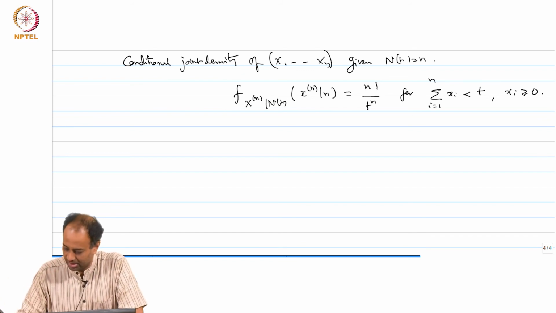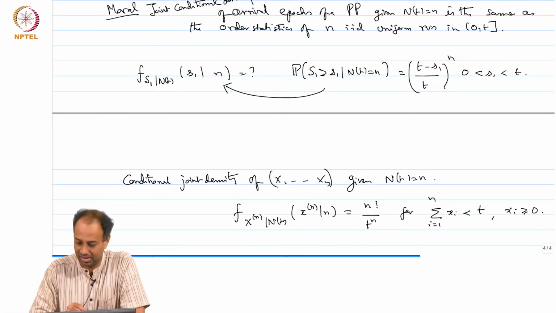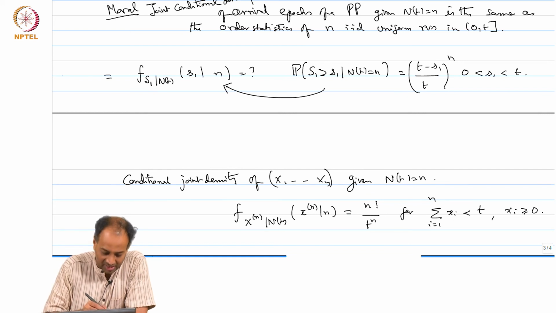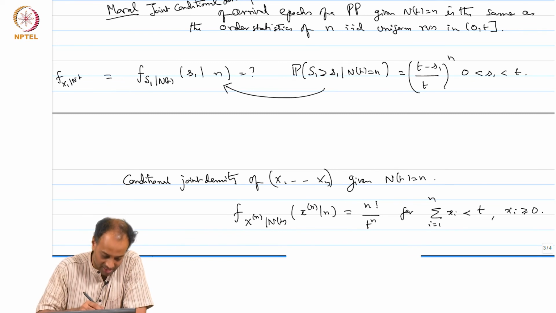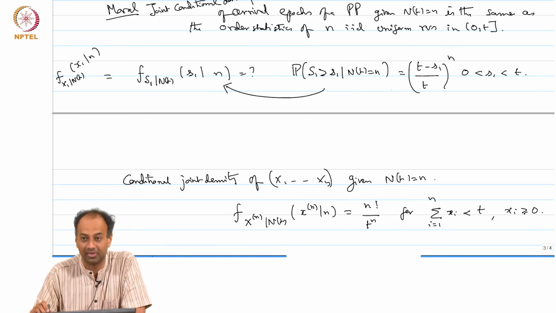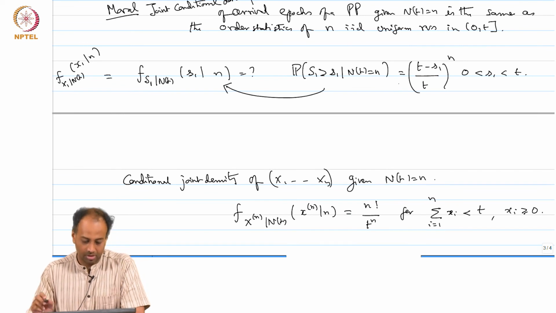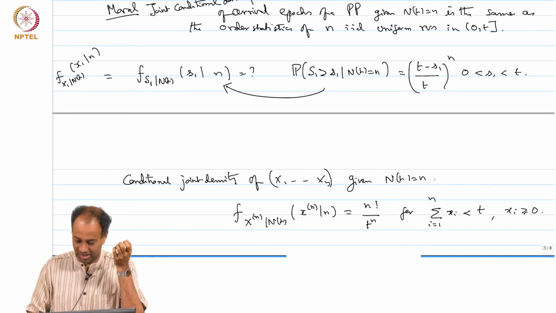In fact, we know the conditional distribution of S1, which is the same as the conditional distribution of X1 given N(t) equal to n, right, which I can calculate from this CCDF, right. Once I know the marginal of X1, the marginal of all the xi's will have to be exactly the same, right, because there is this perfect symmetry in this joint distribution, right.